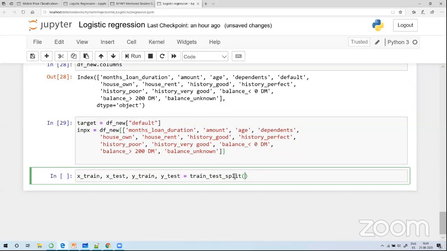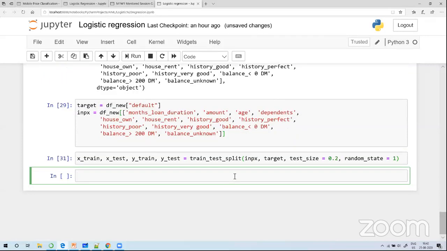Here our input is input X, target is target, test_size is equal to 0.2 and random_state is equal to 1. So my training and test data sets are ready.